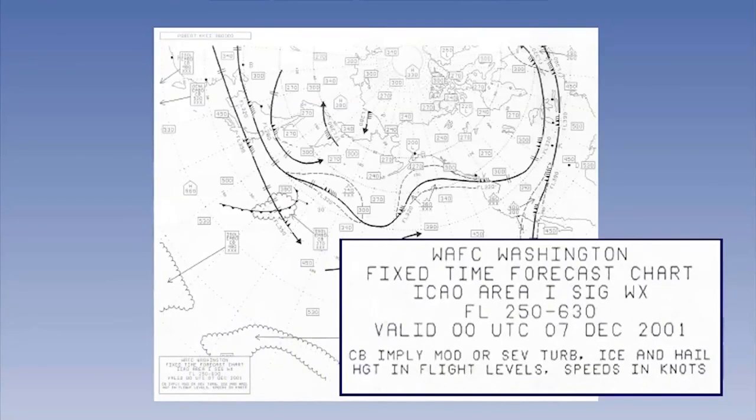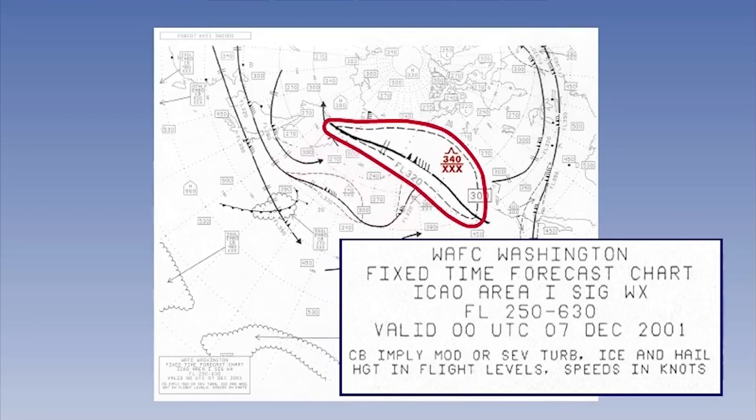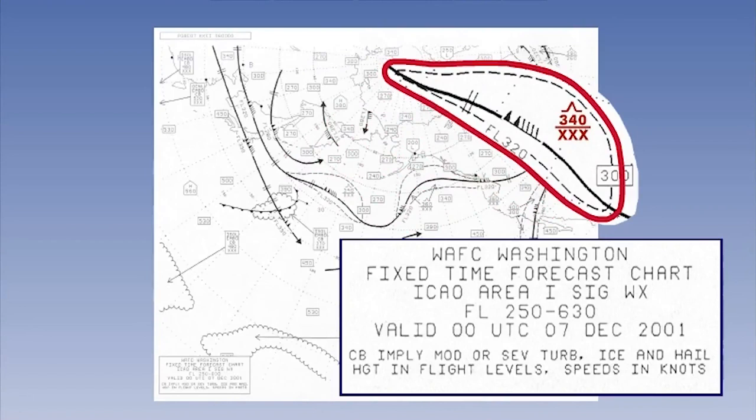Currently, WAFC Washington SIG weather charts do not contain this additional legend. The CAT information is placed on the chart itself, directly adjacent to the associated CAT area. This format disparity will be harmonized shortly, and charts will follow the convention used by WAFC London.